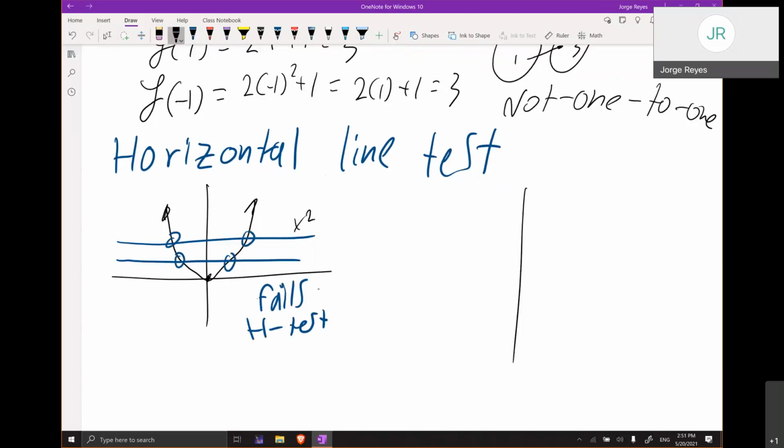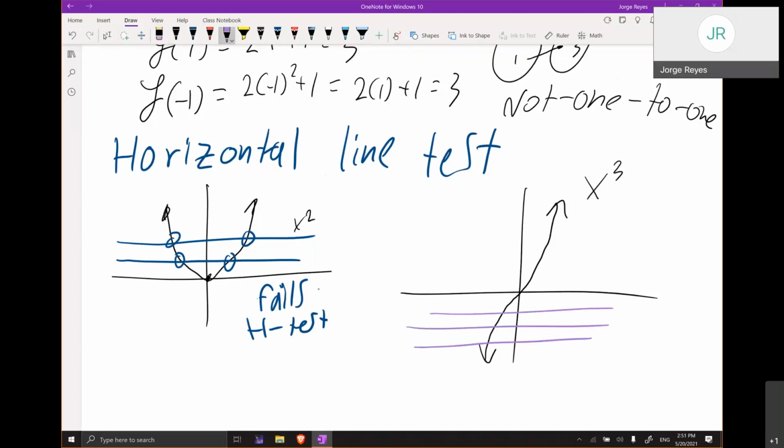Now an example of a function that passes the horizontal line test is this one, x cubed. Okay. No matter where I draw the horizontal line, it doesn't matter where I draw it, it's always only going to cross once.